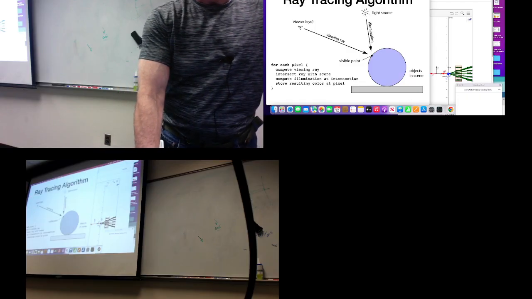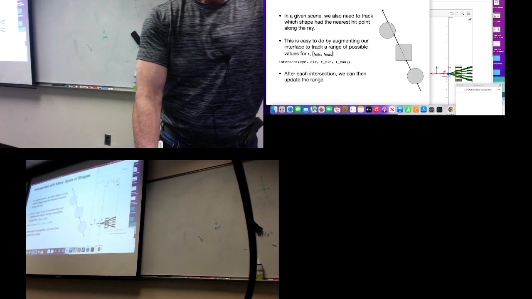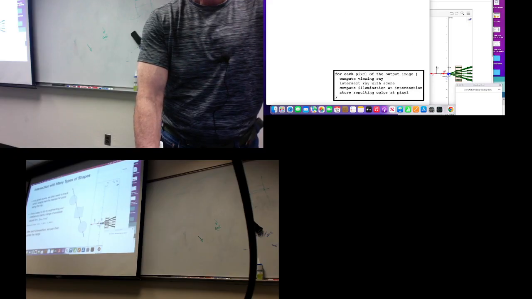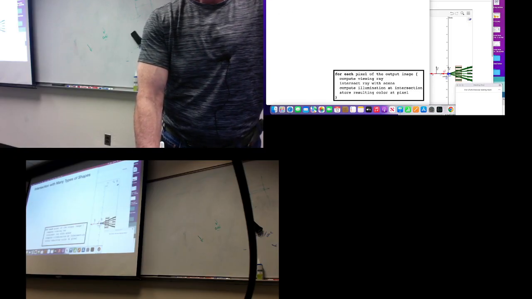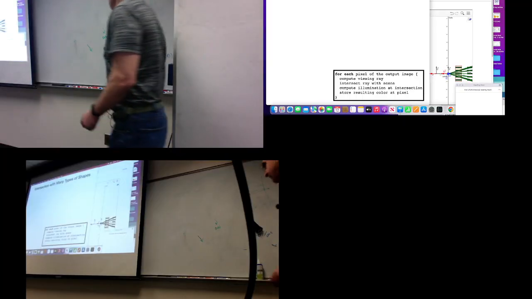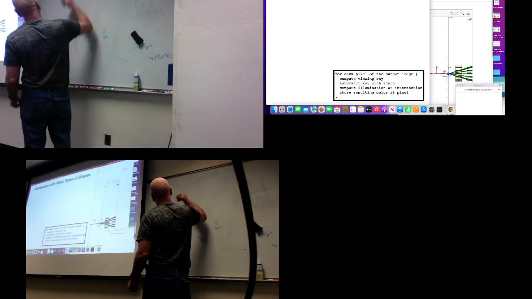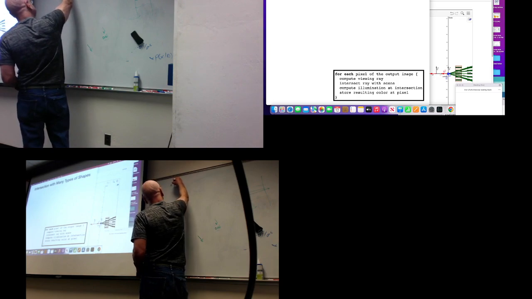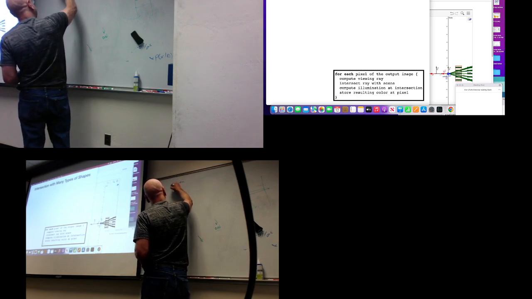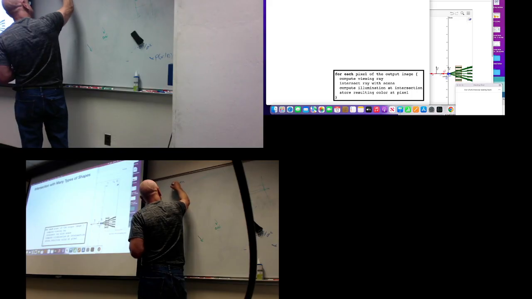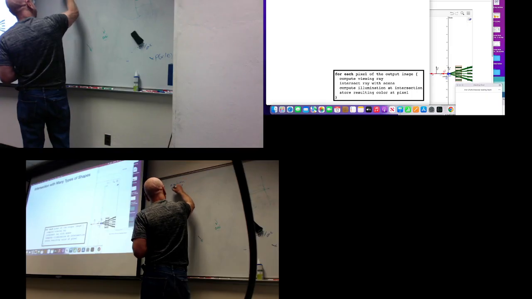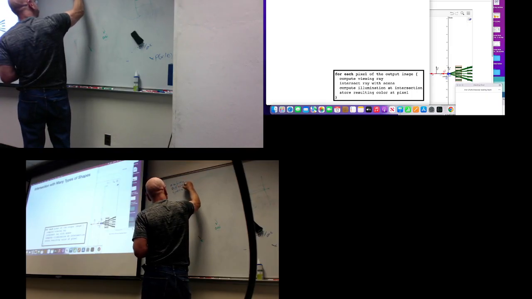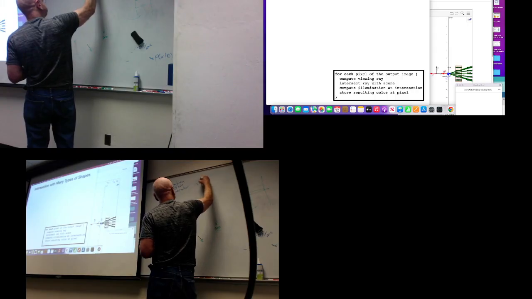Okay, we talked about the basic ray tracing algorithm. We talked about this part, find the t-min, the smallest object that you're talking about. What are our plans next? Next is to talk about ambient, diffuse and specular shading.